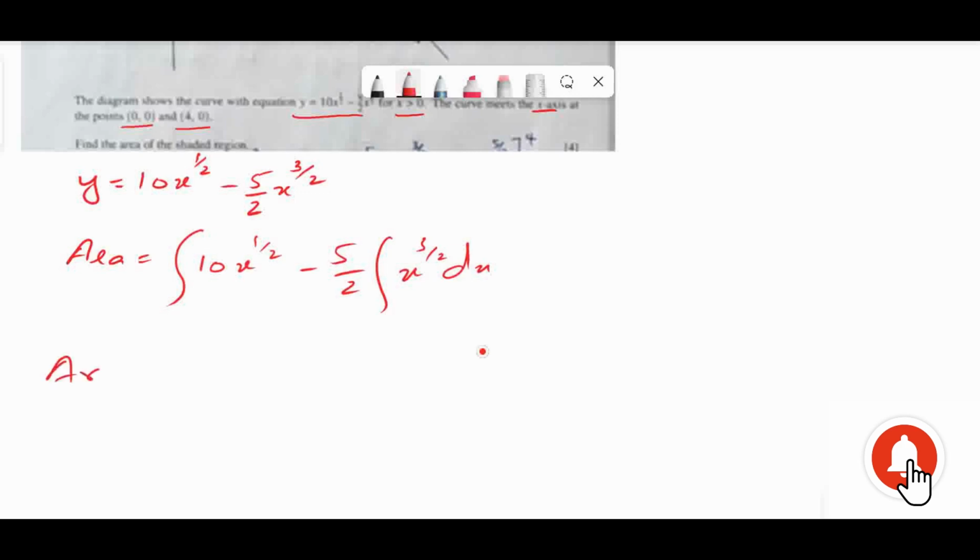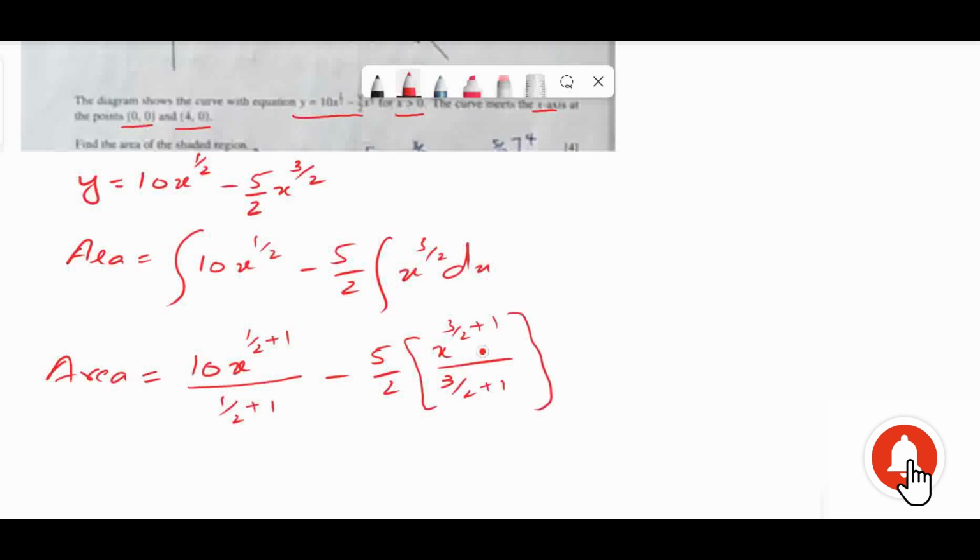Area will be equal to 10x^(1/2 + 1) divided by (1/2 + 1) minus 5/2 into directly integrated x^(3/2 + 1) divided by (3/2 + 1).